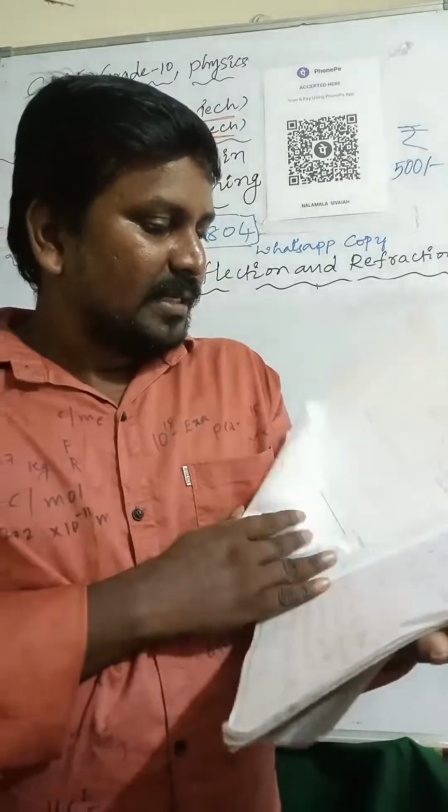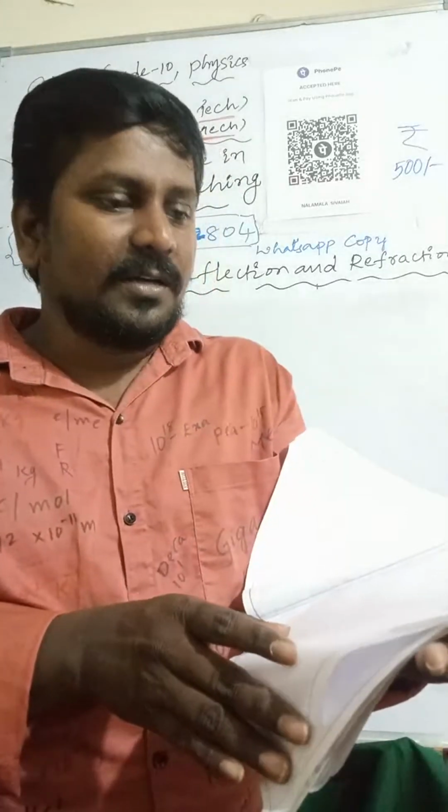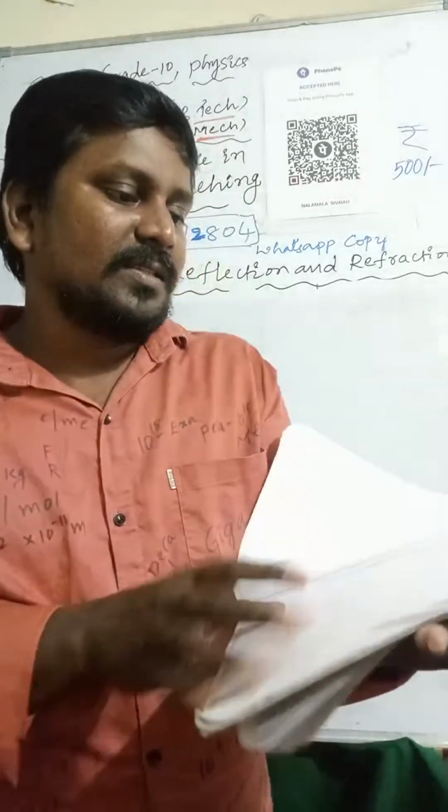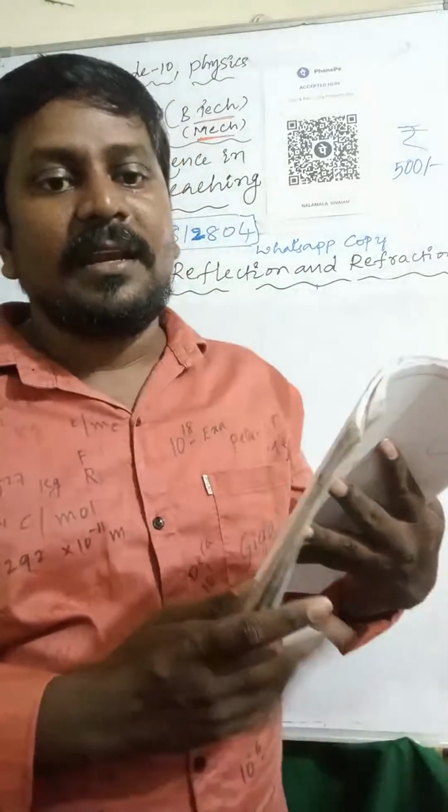Okay, that's enough questions. Next, shall we go to the lens? Actually, spherical lenses are there, two types.